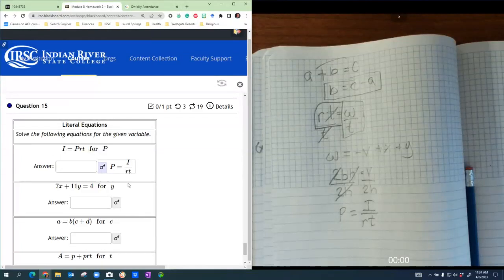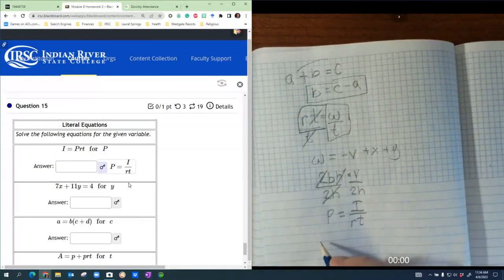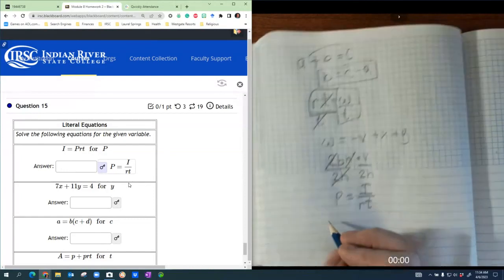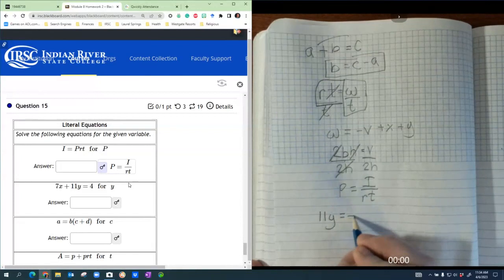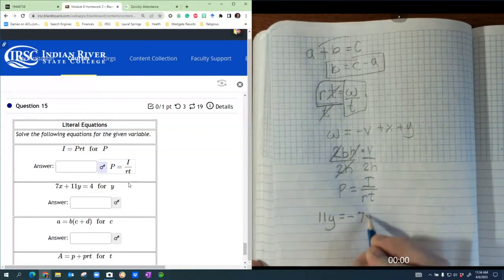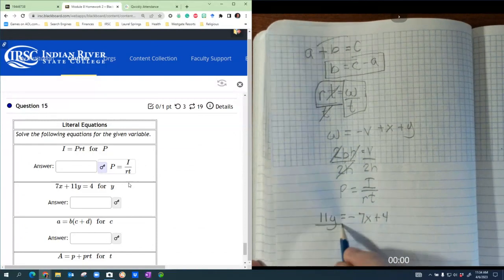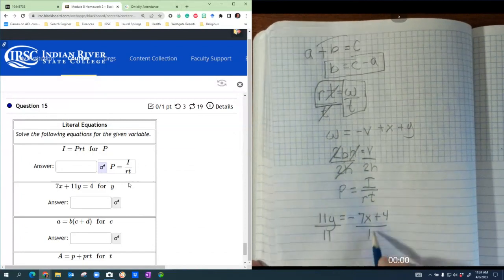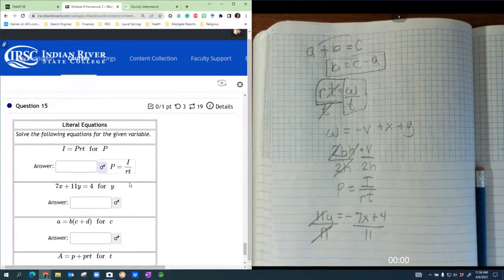In this case it wants us to solve for y. So we're going to bring the 7x over and make it become this. And then we divide both sides by 11. So y equals, and then we can write this as our answer.